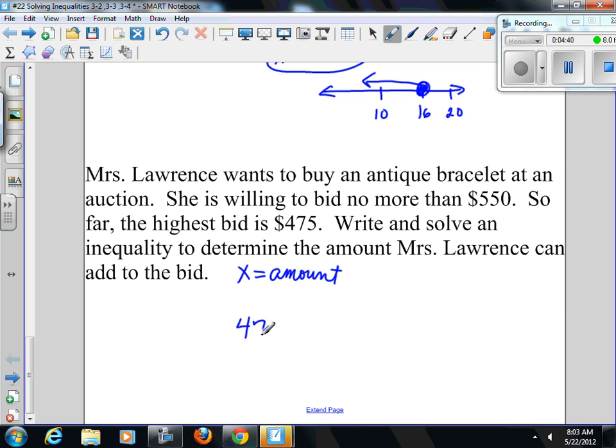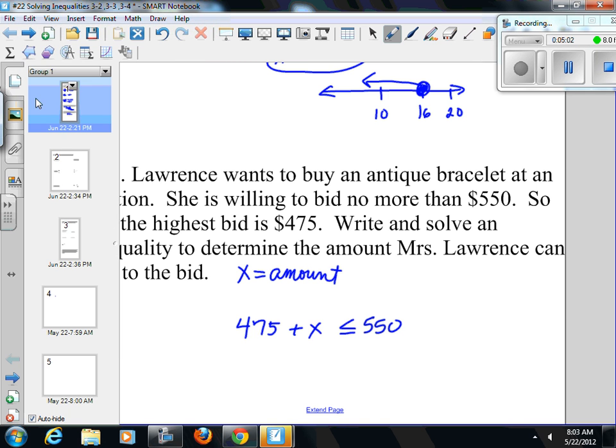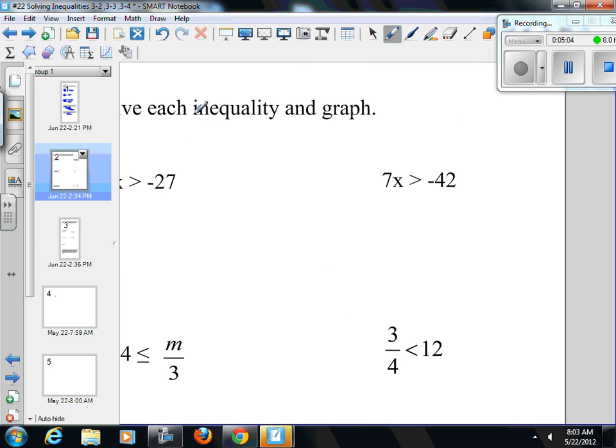So the highest bid is $475. Whatever she adds to it, which is her X, can add up to no more than $550. So it has to be less than or equal to $550. And now what I'd like you to do is to continue to solve that equation, or solve the inequality, I should say. So do finish that one for me, please.